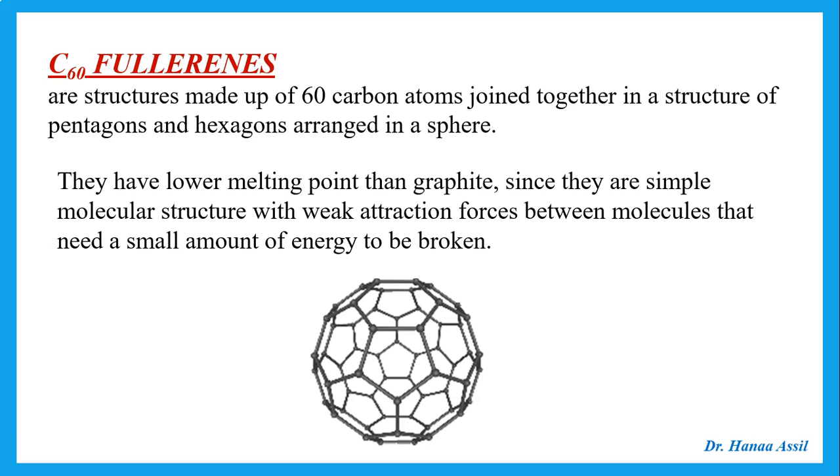This is because they have a simple molecular structure with weak attraction forces between molecules that need a small amount of energy to be broken. So just keep in mind that fullerene is a form of carbon, just like diamond and graphite, but the difference is diamond and graphite are giant. Fullerene is a simple molecular structure with weak attraction forces between molecules, so it would have a lower melting point.